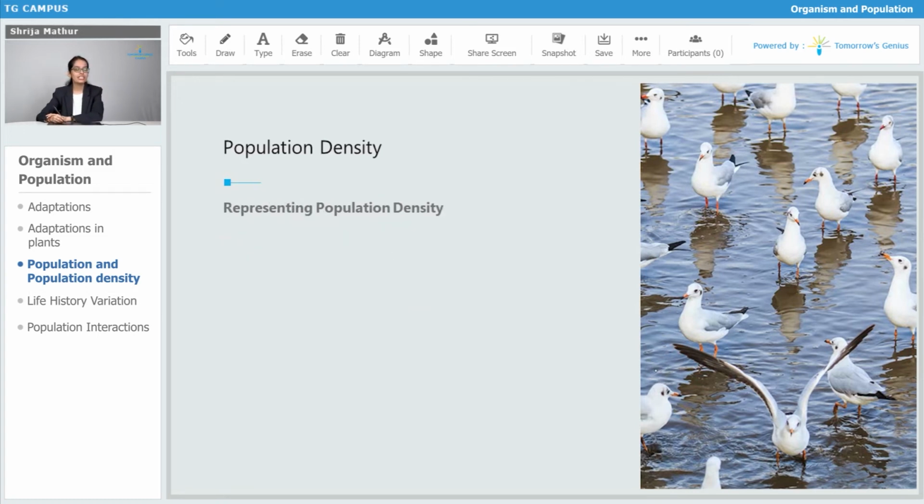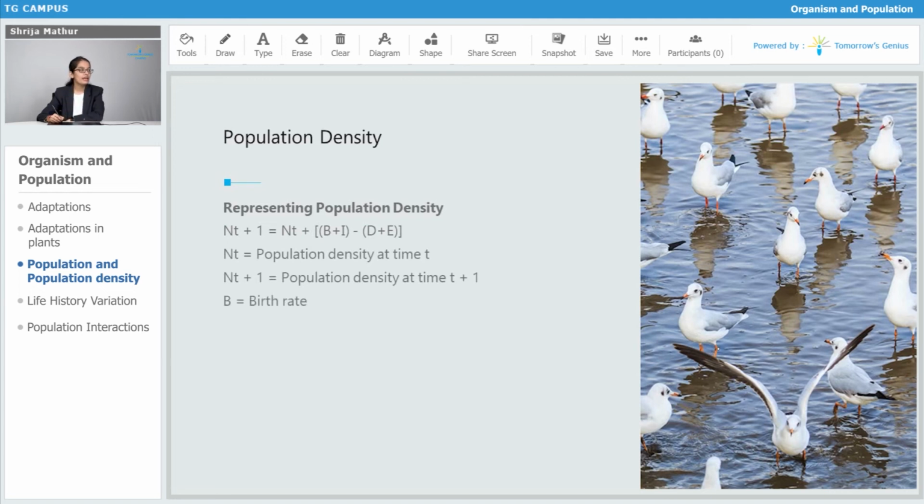Now how do we represent the population density? You can see N t plus 1. If I'm taking the basic time t, then the population density at time t is referred to as N t. Then N t plus 1 is the population density at time t plus 1. Then what is B? B is birth rate, I is immigration, D is death rate, E is emigration.